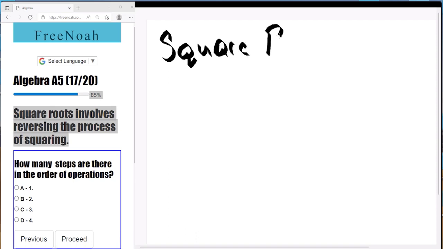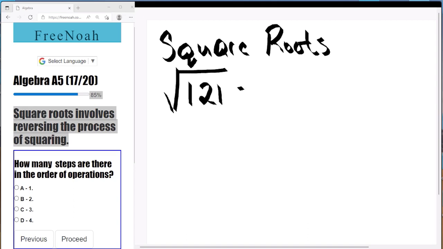Square roots. All right, let's find the square root of 121. Well, the square root of 121, what is it? It's 11.